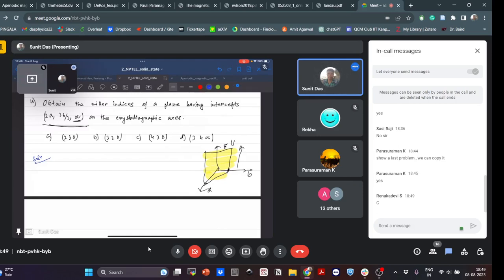Option C. No, Renuka. No, it's not B even. Any more answers or options? Anyone solved it?